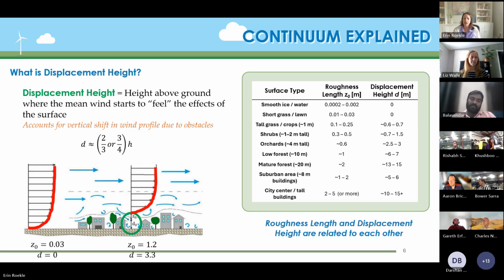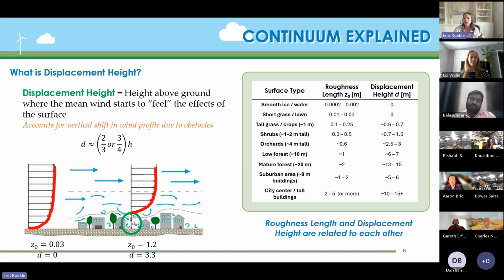As a rule of thumb, a back of the envelope determination, displacement height is around 2/3 to 3/4 of the height of whatever obstacles are in your way. So if you've got a 20-meter building, it's going to be around 12 to maybe 15 meters displacement height. You're just bumping up that effective ground level based on all of those obstacles in your way.